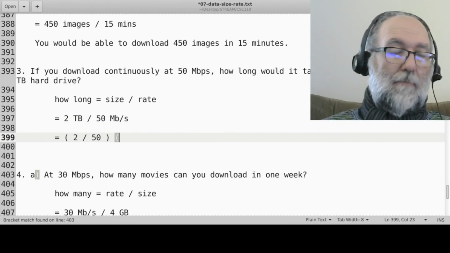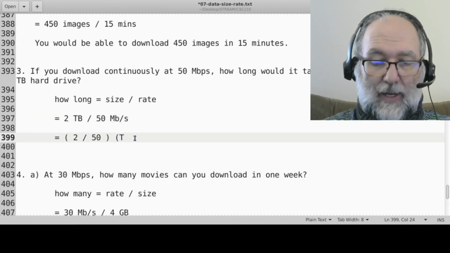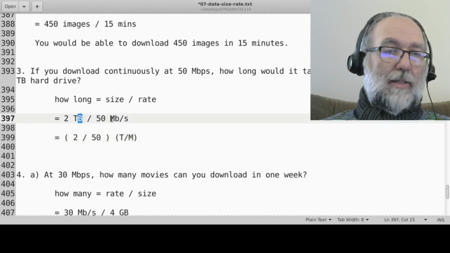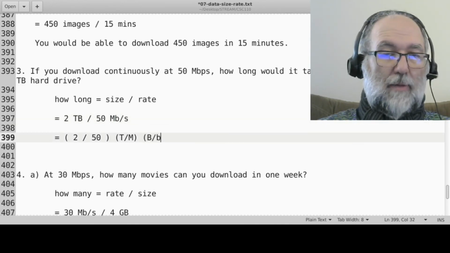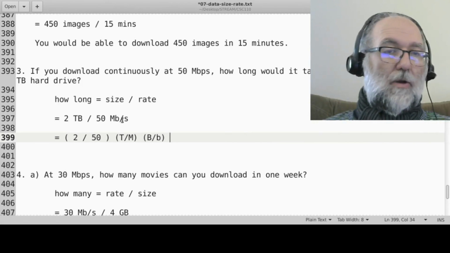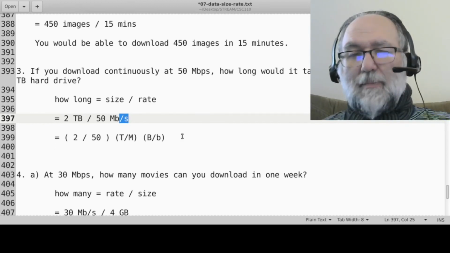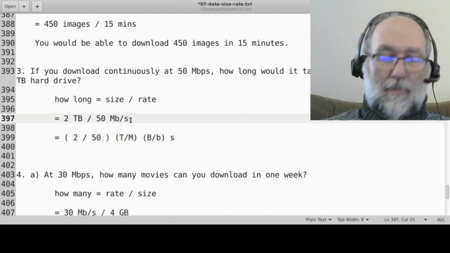Next let's collect together the metric prefixes. Tera divided by mega, like that. And we've got the bits and the bytes here, so a byte divided by a bit. All right, and then the seconds in the denominator of the denominator just becomes seconds on the line. Maybe I should have shown you one more step in between.